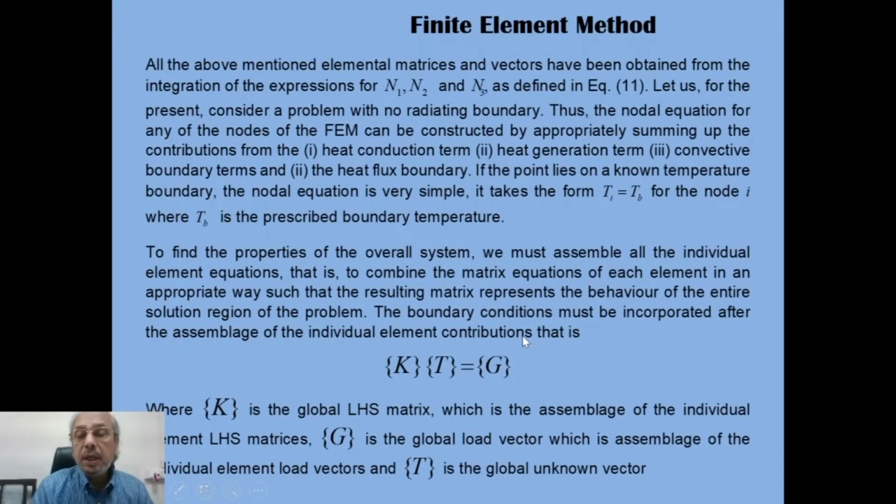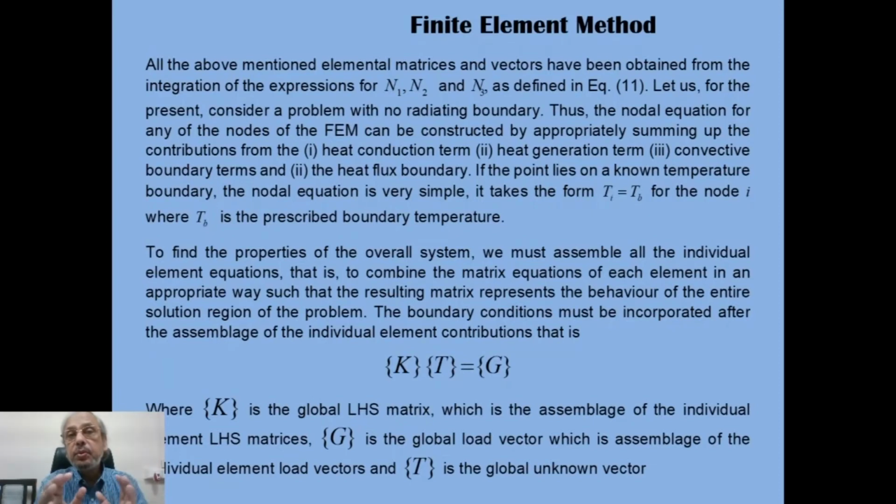So for individual elements, if there are 50 elements, from each element we will get one matrix multiplied by T1, T2, T3 equal to some known vector.